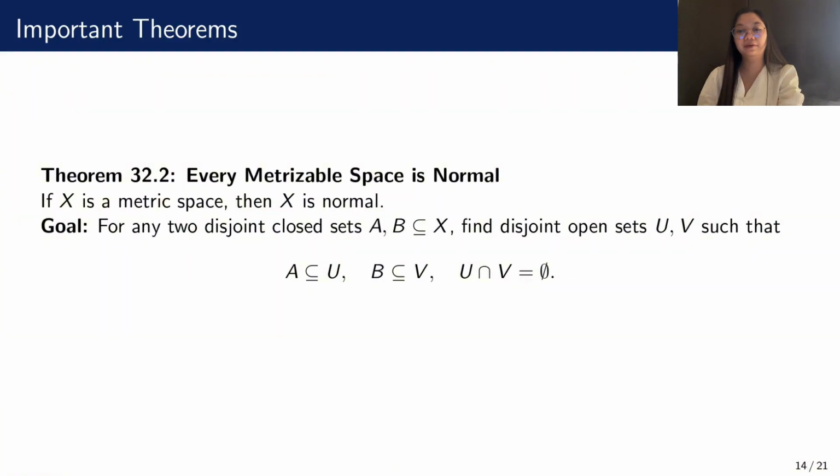So we separate these two closed sets A and B using open sets that don't overlap at all. This separation shows that the space behaves nicely, so no two closed sets are too close.